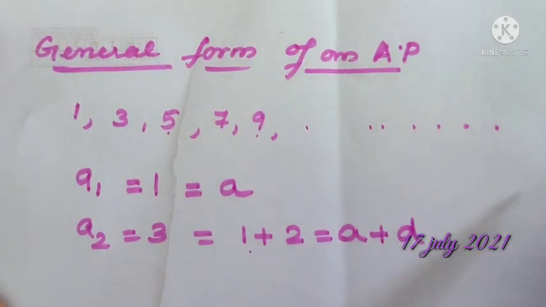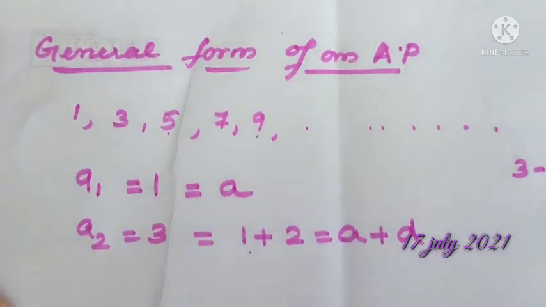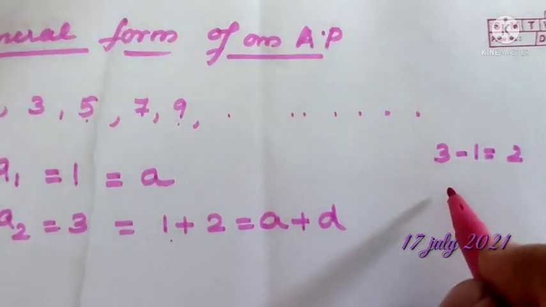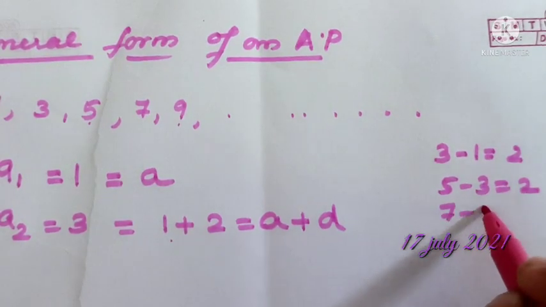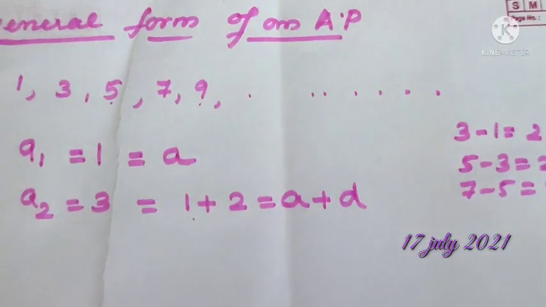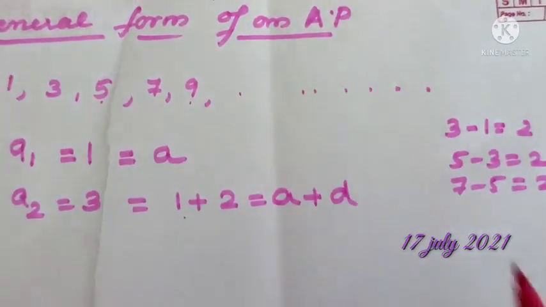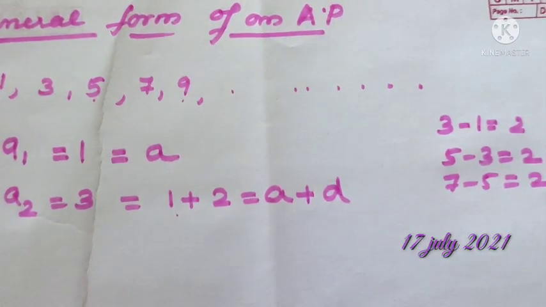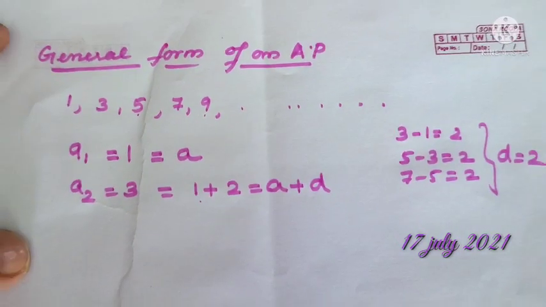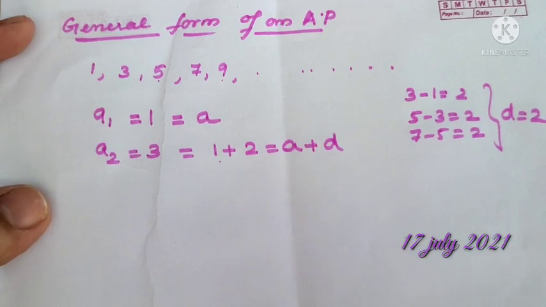We said that 3 minus 1 equals 2, 5 minus 3 equals 2, 7 minus 5 equals 2, and all these cases are represented by D. So D equals 2.